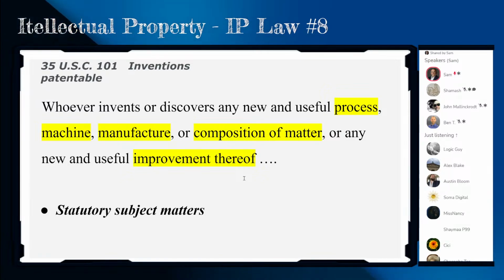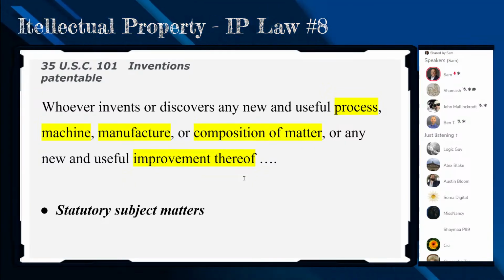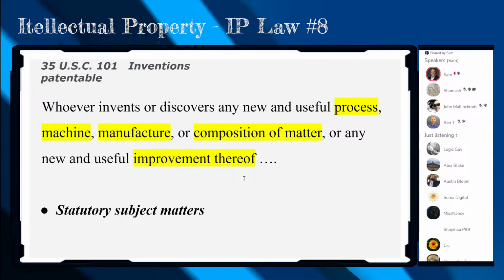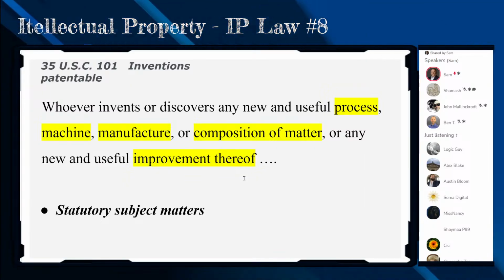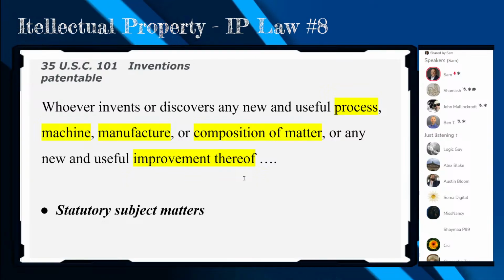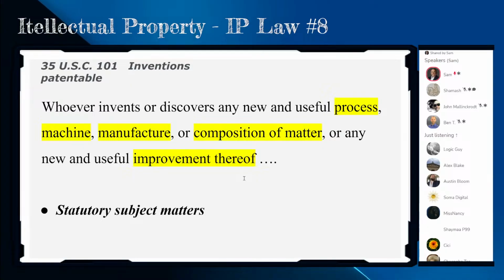So the next sentence, on slide 17: "whoever invents or discovers any new and useful process, machine, manufacture, or composition of matter, or improvement thereof." These things, process, machine, manufacture, composition of matter, and improvements, are called statutory subject matters. So when you file a patent application, your invention has to fall within one of these. In my area, this is not an issue at all, right? Because I deal with compounds.